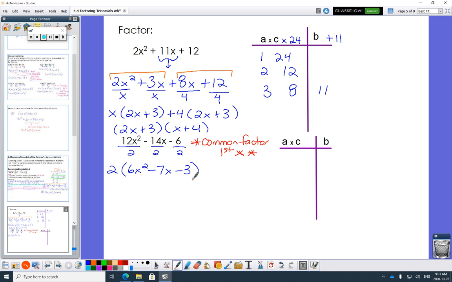Okay? So now this has been simplified a little bit. Now when we do a times c and adds to b, then you're looking at what's inside the brackets. Okay, so a times c this time is negative 18. So two numbers that multiply to negative 18 and add to negative 7.